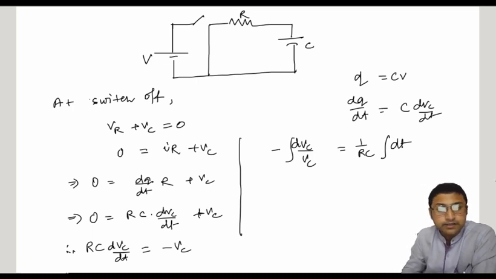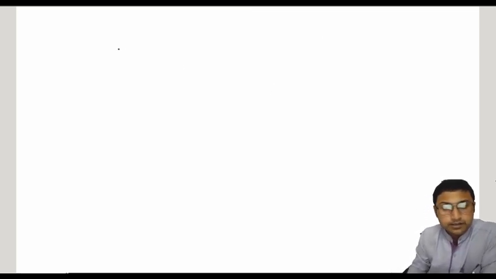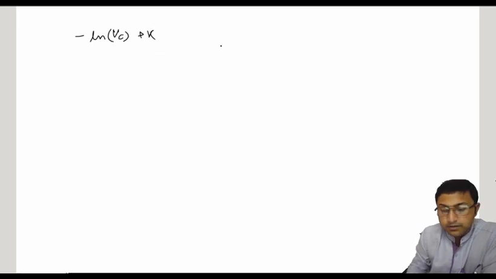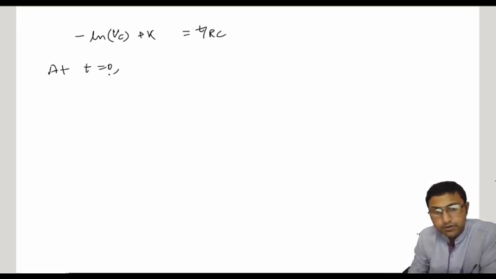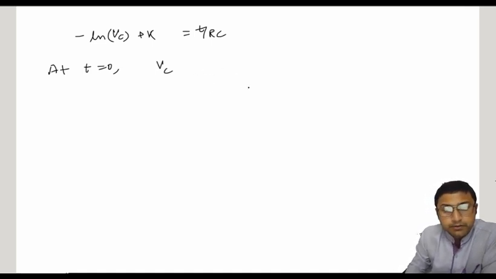After simplifying the integration, we can write minus ln Vc plus k equal to t by RC. So at the start, at t equal to 0, Vc equal to the capacitor voltage.